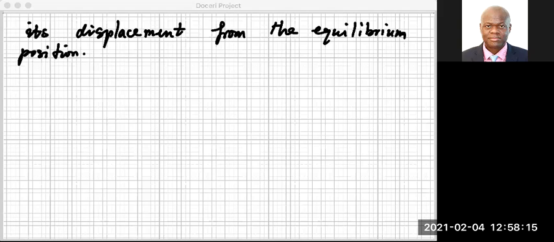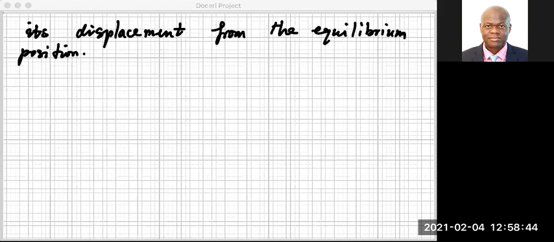So when you displace it from the natural resting point called equilibrium, and then let it go, it will swing back and forth. And it's swinging back and forth because each time it goes past equilibrium, there's a certain force pulling it back to the equilibrium. But because of momentum, the mass will overshoot equilibrium, and then the restoring force will pull it again back towards equilibrium. So the motion keeps on repeating back and forth.